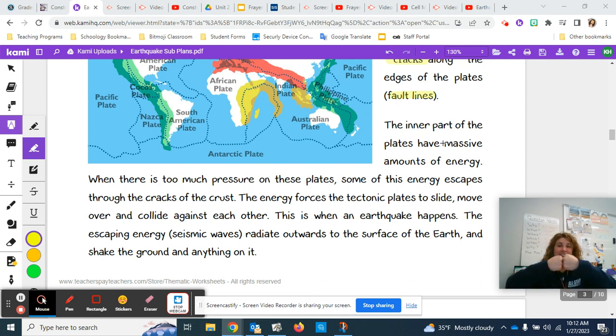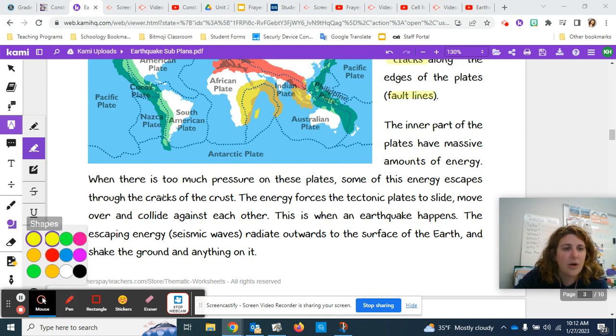Porque de la presión en las placas, poner juntos, cuando se mueven, hay presión, hay energía. Cuando tenemos energía, a veces resultar en un terremoto. So, when there is too much pressure on the plates, some of the energy escapes. This is when an earthquake happens.